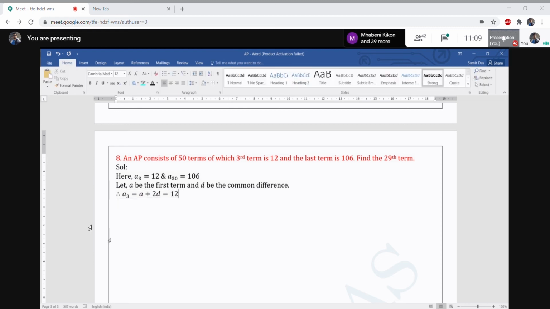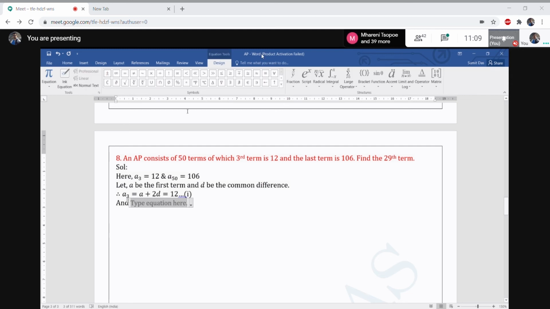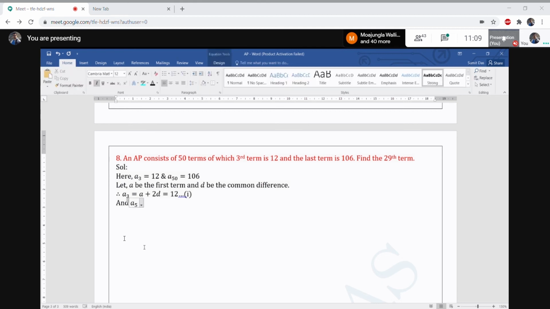This is equation 1. And A50 is given. A50 means A plus 49D, which is equal to 106. Mark this one as 2.